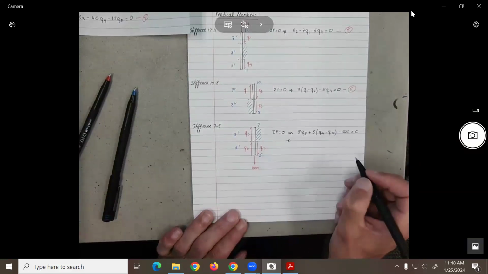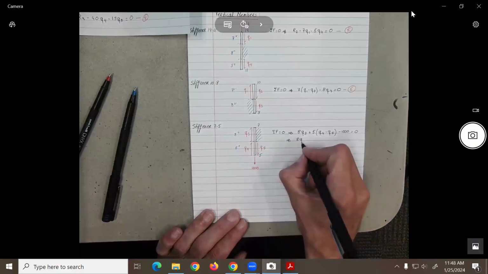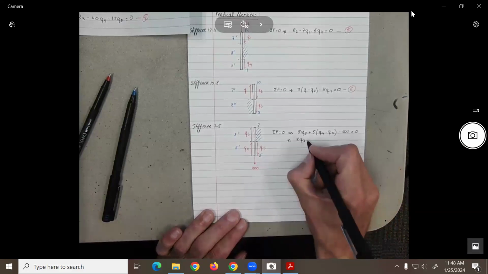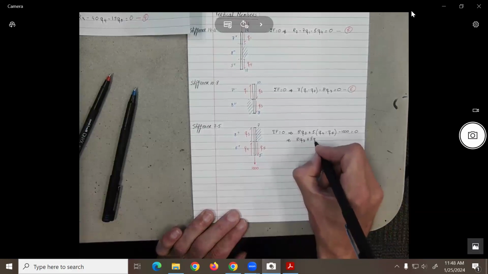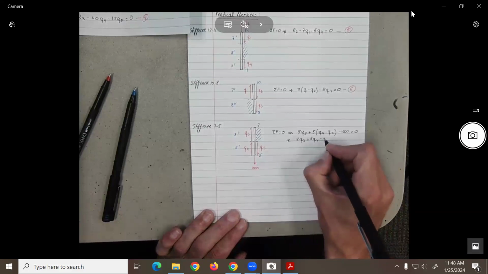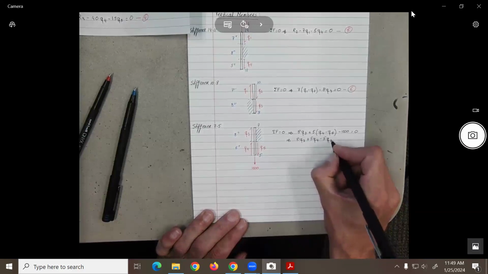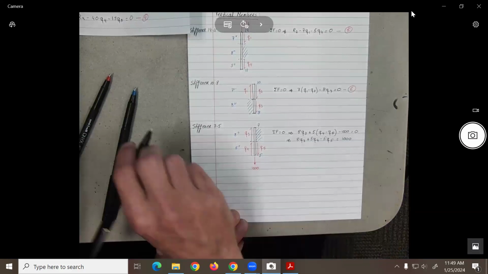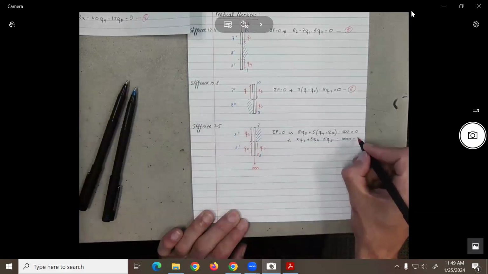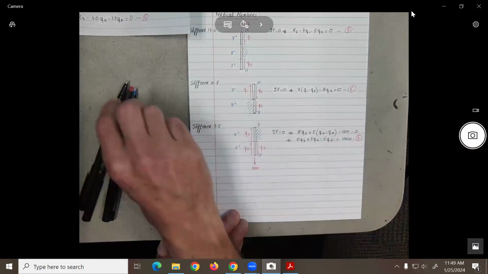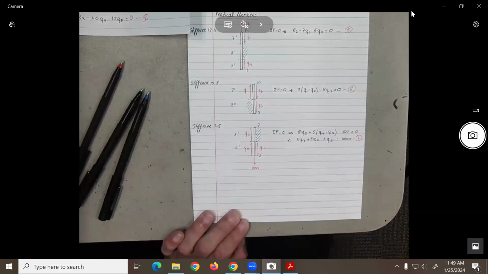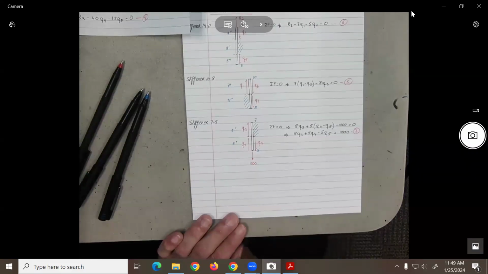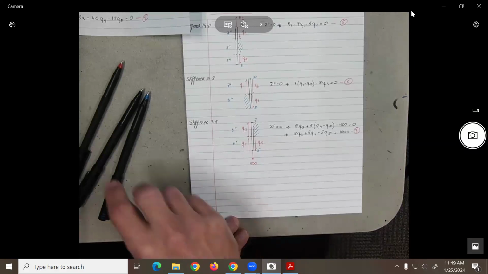Or this will give you 8Q3 plus 5Q4 minus 5Q5 equal to 1,000. And this should be this equation over here. Okay, equation 7.